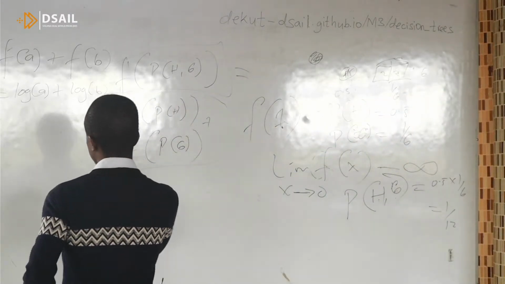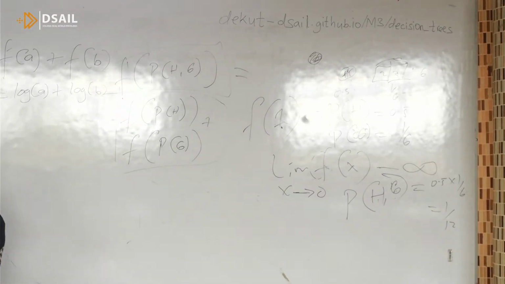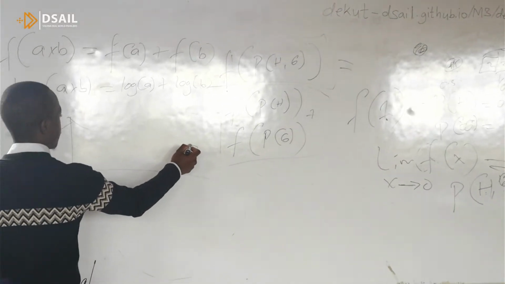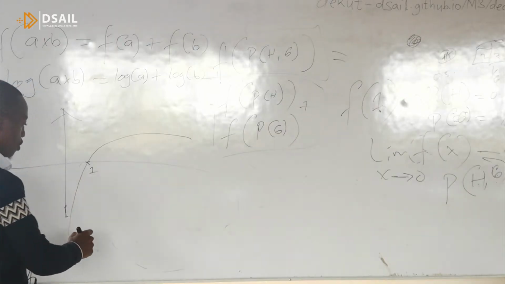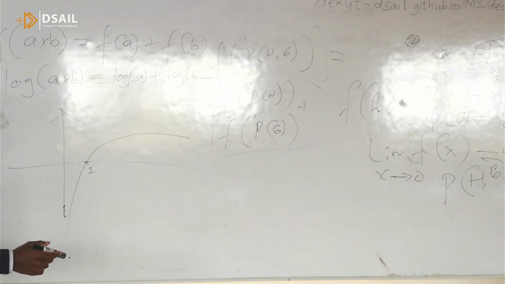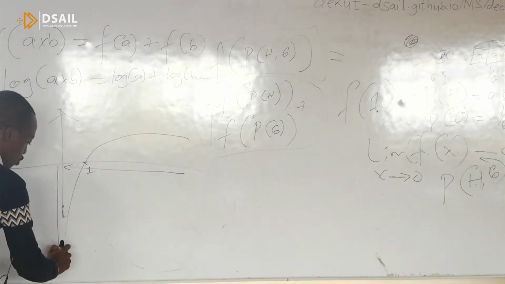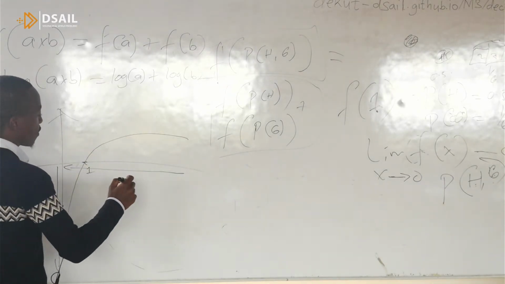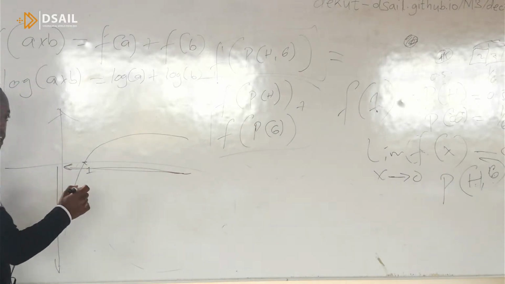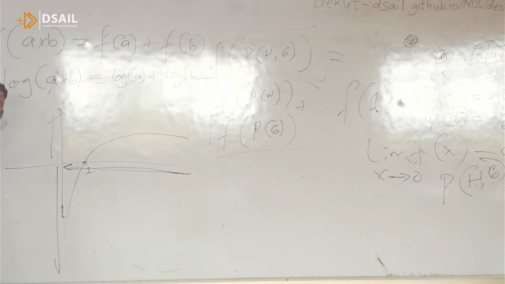If you plot the log function, it should be something like this, with this being 1, because the log of 1 is 0. So for logarithm, as you approach 0, the function approaches negative infinity. Now, we want it to be such a case that as we approach 0, the function approaches infinity, goes the opposite direction. What do we do?